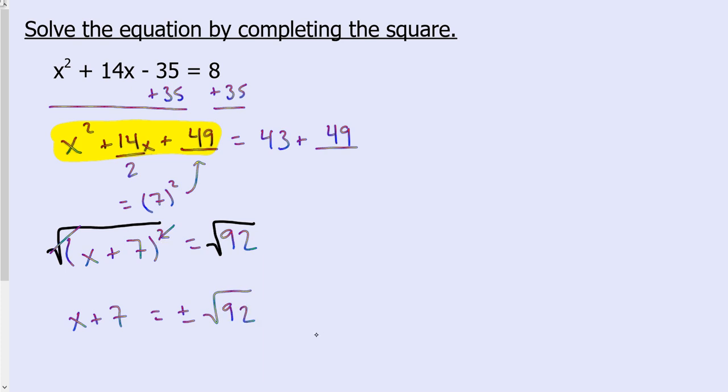92. Okay, so I need to figure out how I can simplify the square root of 92. If I'm going to simplify the square root of 92, I need to find the perfect square that it's divisible by, okay? Preferably the largest one. So I'm going to go ahead and say it's probably one of the smaller ones. So if I do 92 and divide that by, say, 4, does that one work?